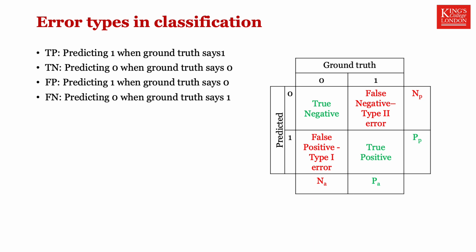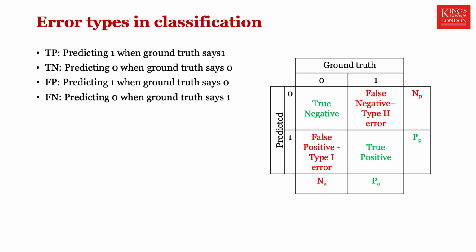I call it ground truth; you may want to say gold standard, but it's as you like. You have your predicted values that are 0 or 1, binary, and your ground truth 0 or 1. If both say 0, you are okay, it's a true negative. If both say 1, you are okay, it's a true positive, and otherwise you may have different types of errors.